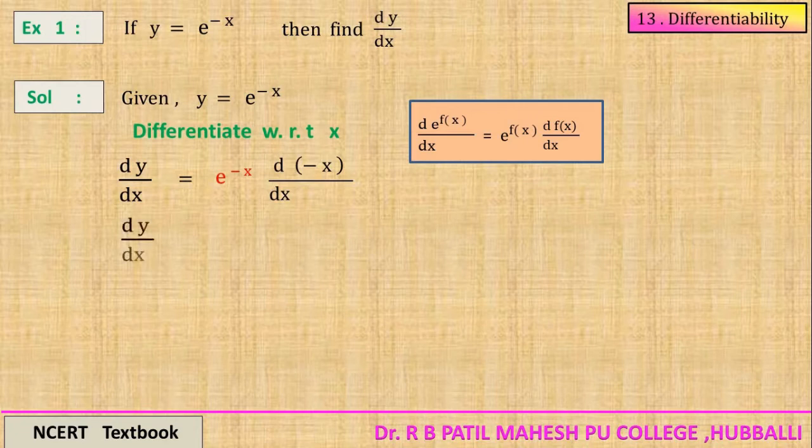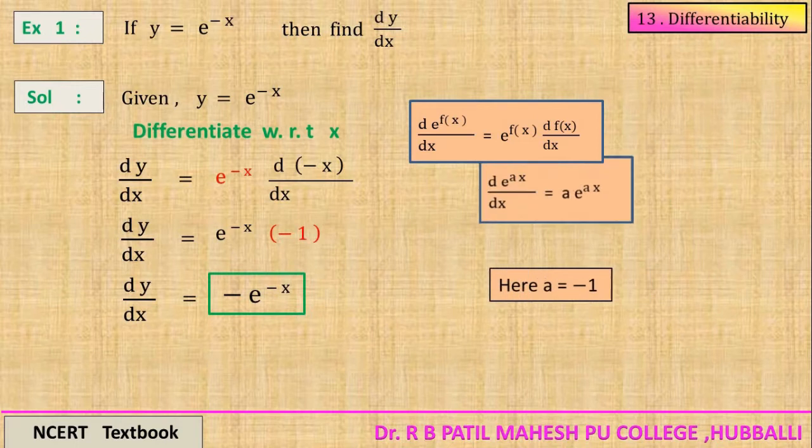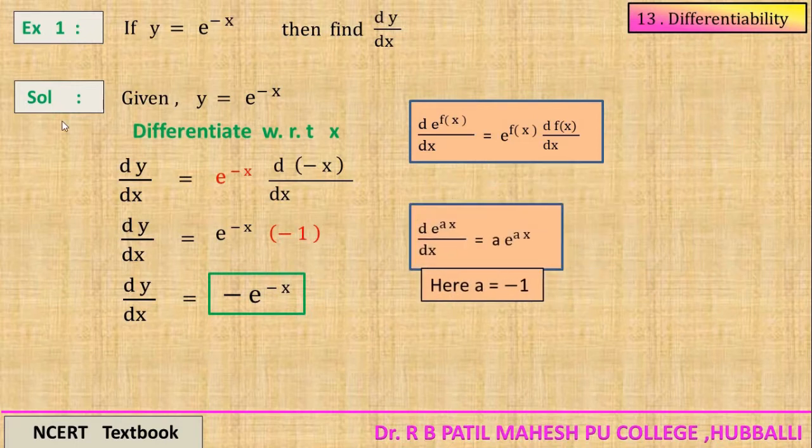Next step is writing the derivative for minus x. It is a simple function, so its derivative is minus 1. Rewriting the function, you will get minus e raised to minus x.